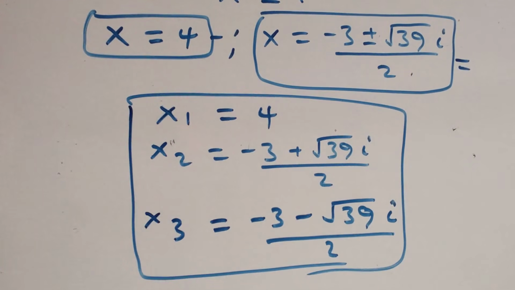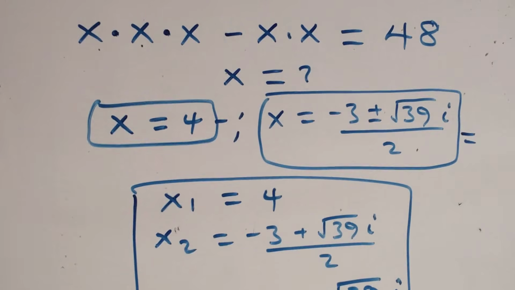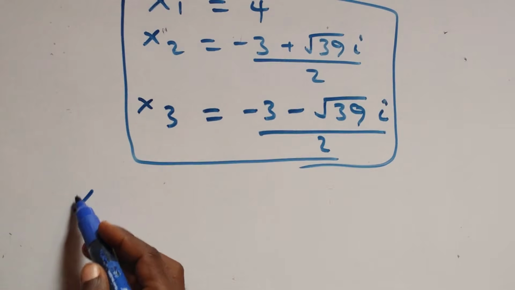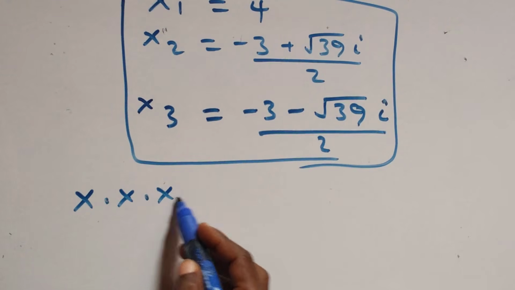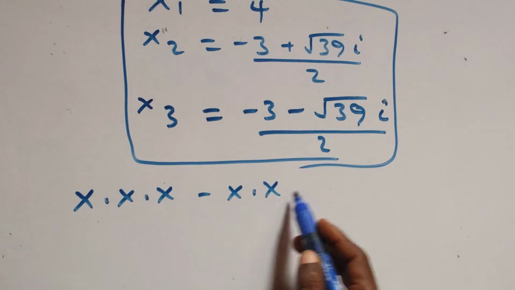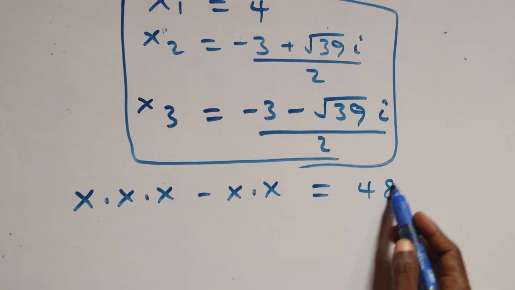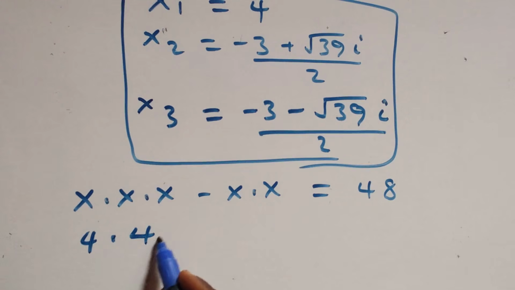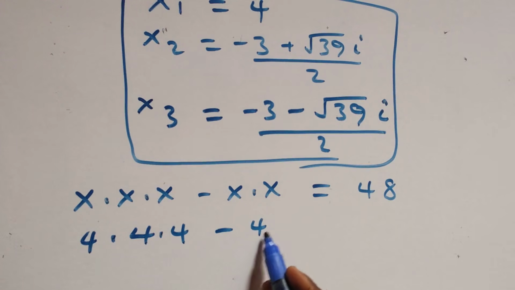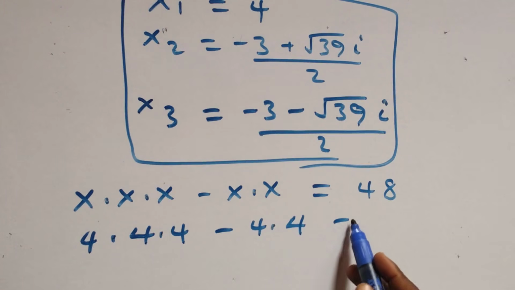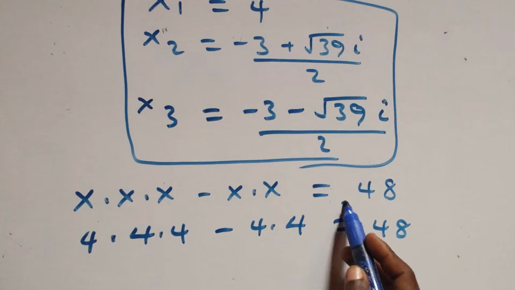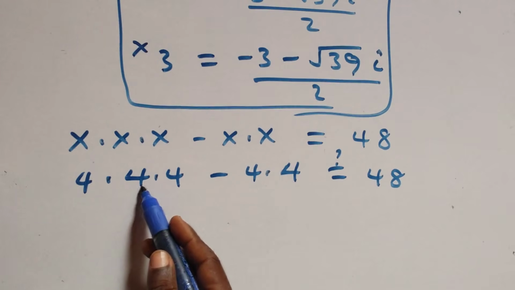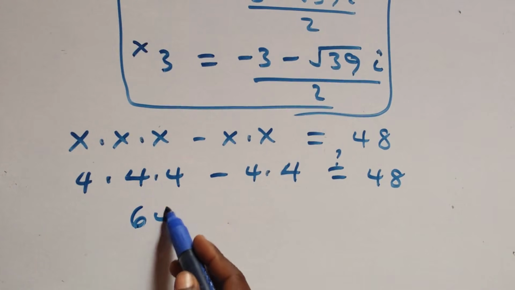When we check here in the equation given to us, that is x times x times x minus x times x equals to 48. When x equals to 4, this becomes 4 times 4 times 4 minus 4 times 4. Is it equals to 48 on this side? And here 4 times 4, 16. 16 times 4, 64.